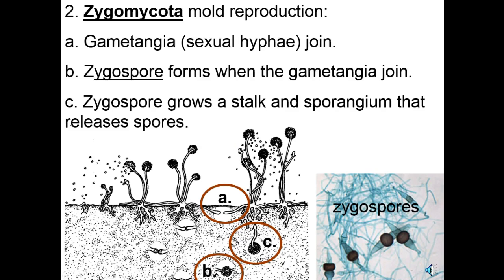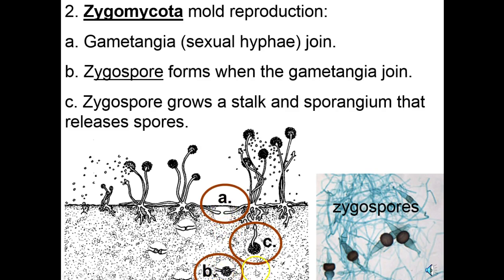Zygomycota is a second group, and bread mold's a good example. They have gametangia. Take a look at the gametangia. That's sexual, down at the diagram, A. Those are hyphae. I've talked about hyphae, but they're sexual hyphae. And then they join and they form this zygosporangium here.